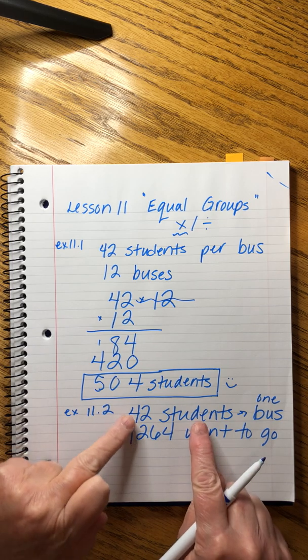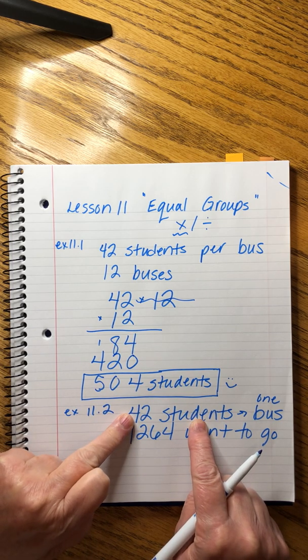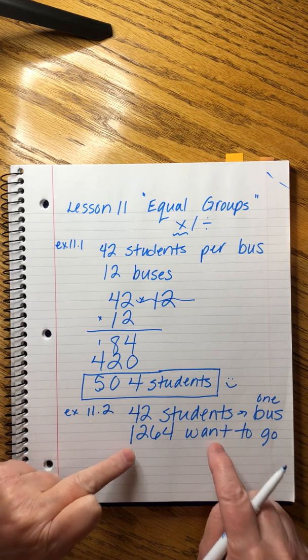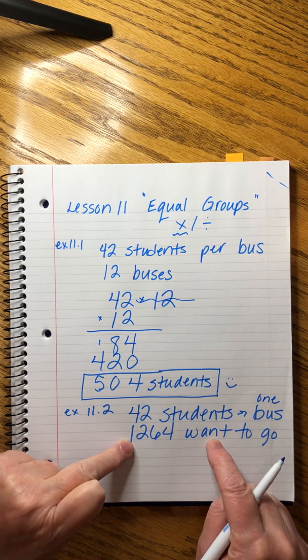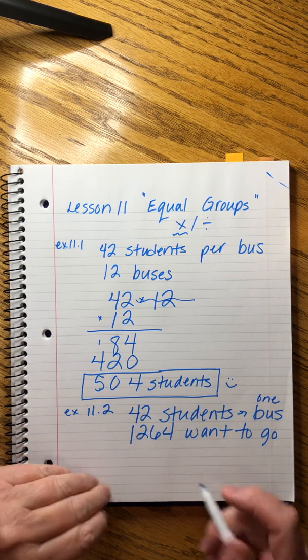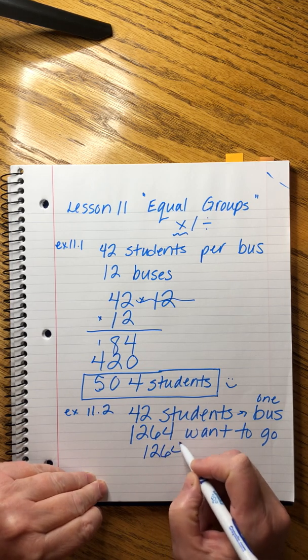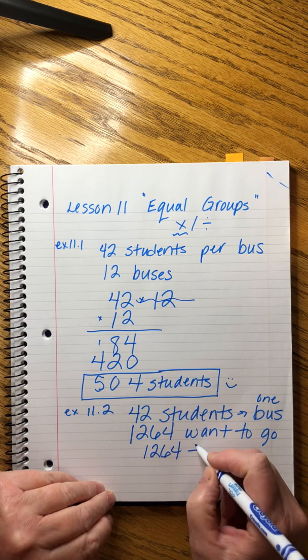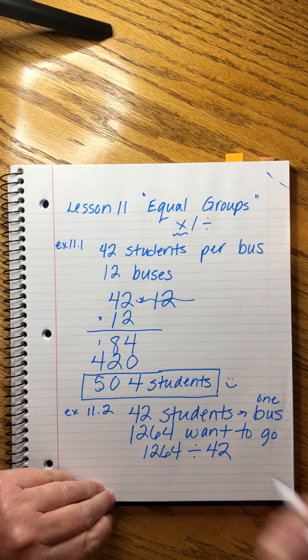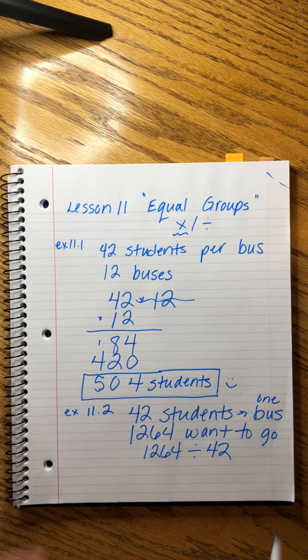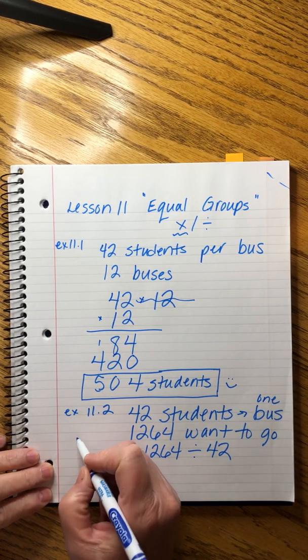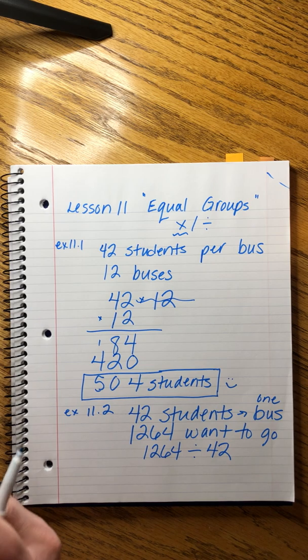Okay, this time we know how many kids go on the bus, but we don't know how many buses there are, but this many kids want to go. This problem requires us to take the 1,264 students that want to go and divide them up by 42 kids in a bus, and then that will tell us how many buses we need. So this is the hard part, you guys, is taking the words and trying to find the problem inside of it.